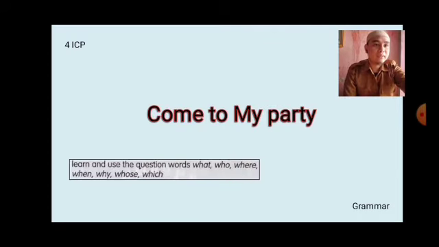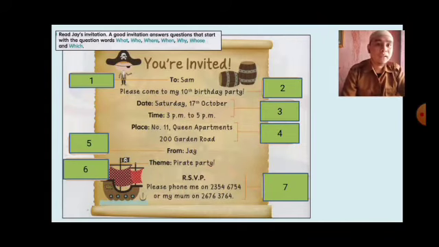To make it easy to understand, in the last meeting we talked about the party invitation. Remember Jay's invitation to Sam. Now let's try to understand it from an invitation.